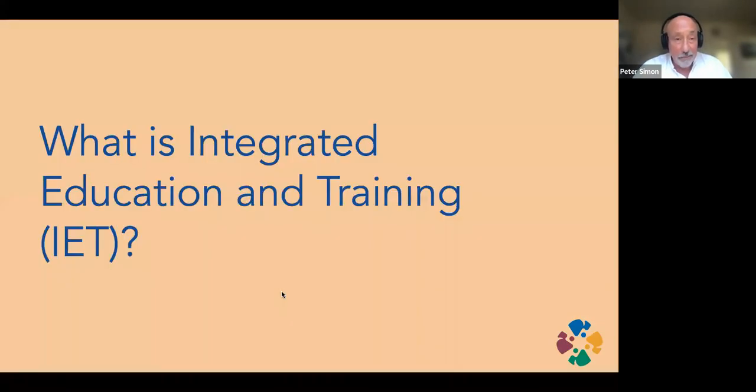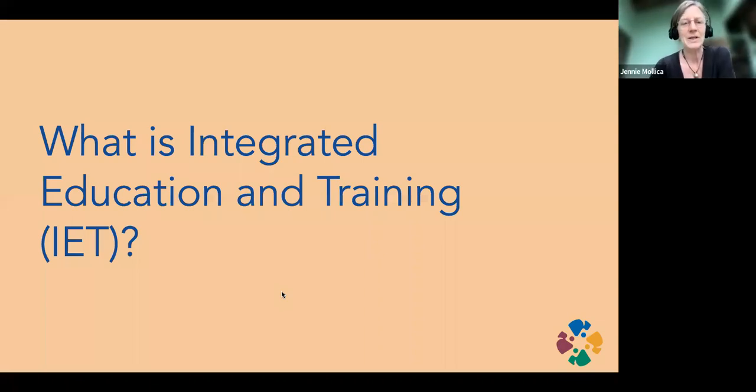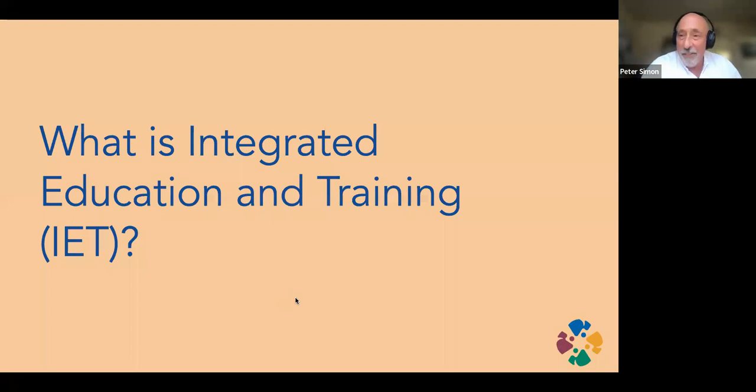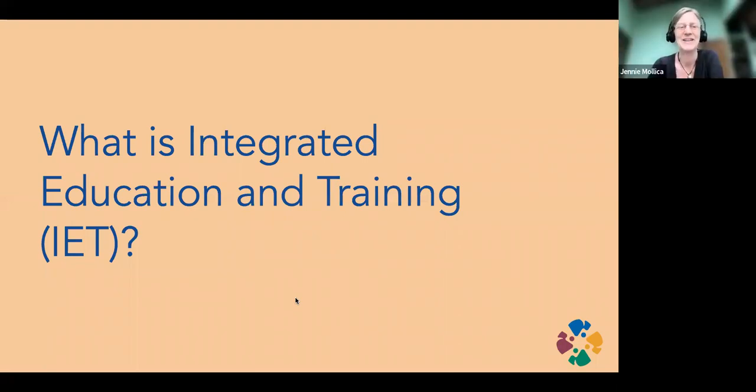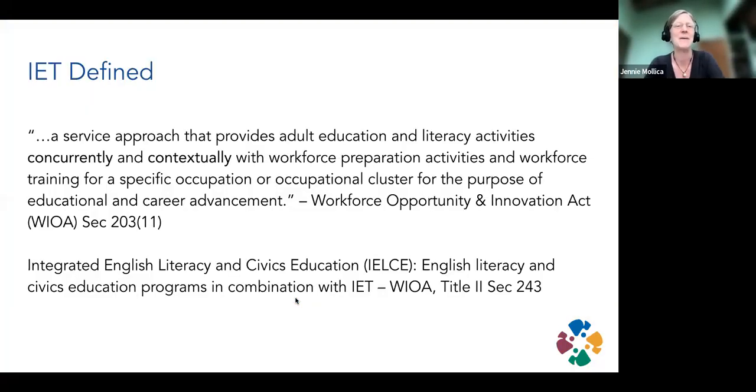Next slide. So this is going to be a quick little intro for those who might need the quick definition. We're going to fly through this part a little bit, but just to give you a taste. IET is defined in the Workforce Innovation and Opportunity Act, which was signed in 2014.